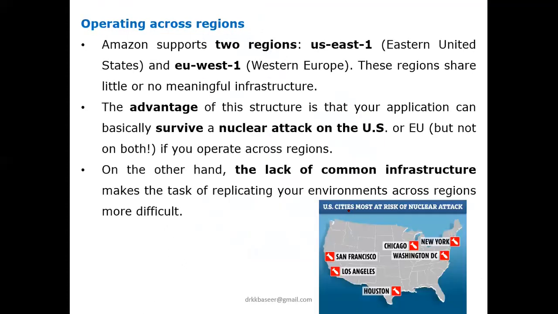Now the second subheading is operating across regions. For example, Amazon: when you are selecting an AMI, we have already seen how Amazon offers regions. One is US East 1, nothing but Eastern United States, and the other is Western Europe. They maintain different infrastructures for these two regions.